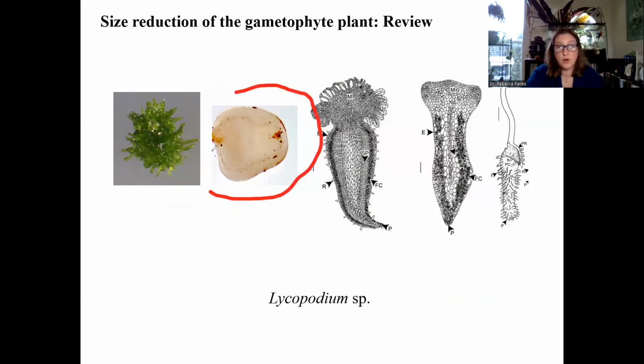Other species of Lycopodium have a gametophyte plant that looks kind of like a radish or a turnip, also super, super small, that lives underground. But the point of these slides is this size reduction of the gametophyte plant, right? Look how small the gametophyte plant is by the time we get to Lycopodium, which is still a plant that only produces one type of spore.